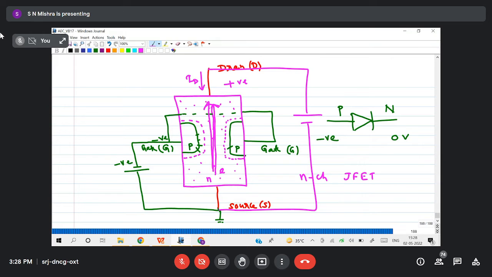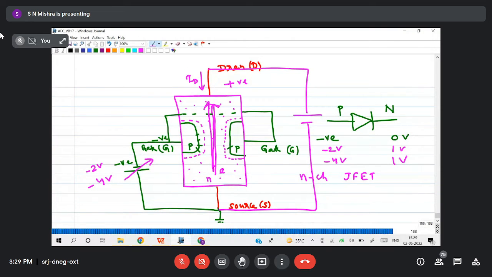Now if I increase this VGS, will the junction be more reverse biased or less reverse biased? Suppose initially I have connected minus 2 volt, now I'll connect minus 4 volt, and let us take the same 1 volt.